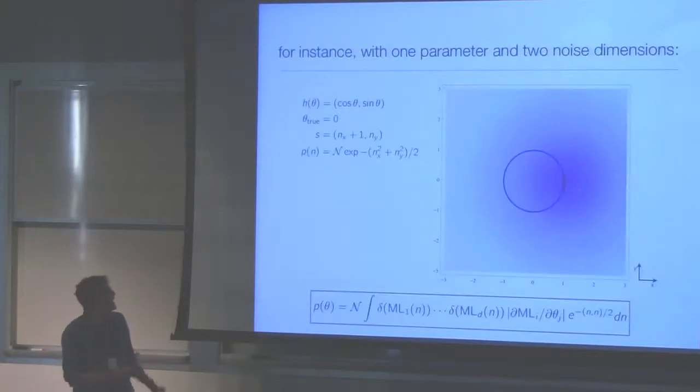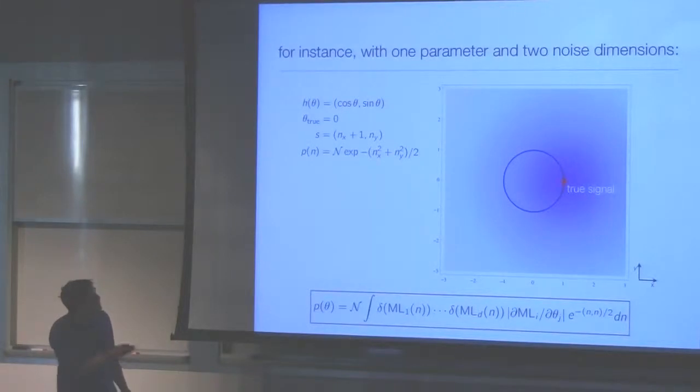Let's go to a very low dimensional model, which actually Kurt came up with, which is, my model is just a point on the unit circle. There's one parameter, theta, that tells me where I am. Noise is just 2-dimensional unit variance Gaussian noise, and then let's say the true signal is here at (1, 0).